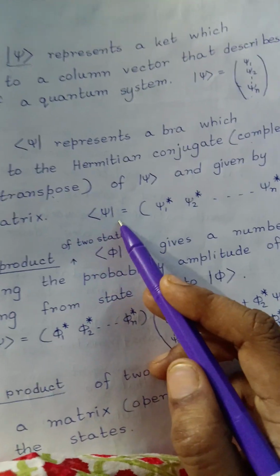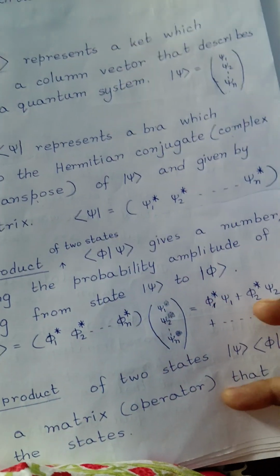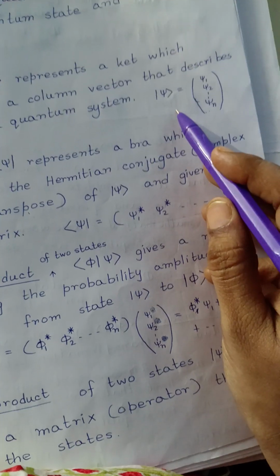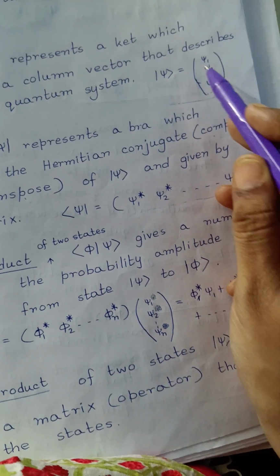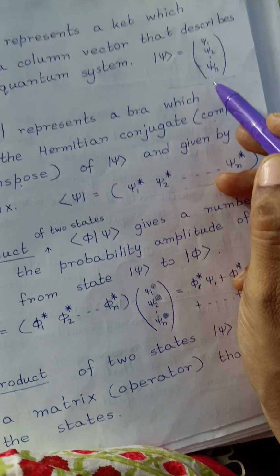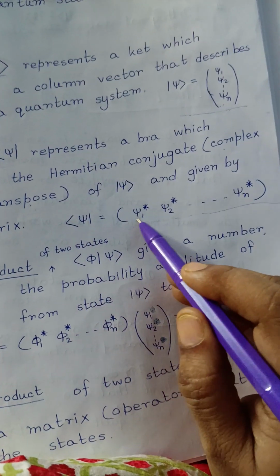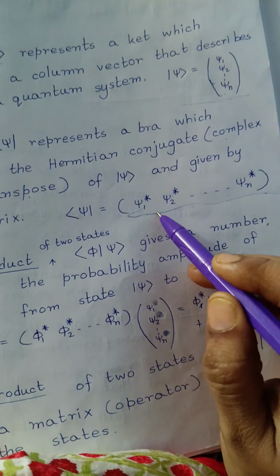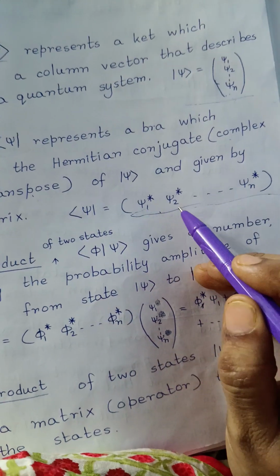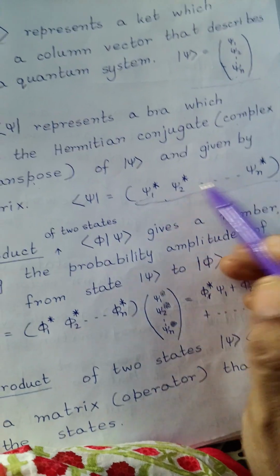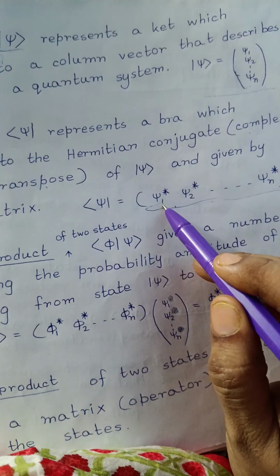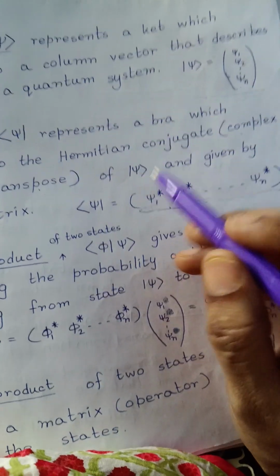So, Bra psi will represent this row matrix. Ket psi represents a column matrix having elements psi 1, psi 2 to psi n, and Bra psi will represent a row matrix having elements psi 1 star, psi 2 star to psi n star, where psi 1 star represents complex conjugate of psi 1.